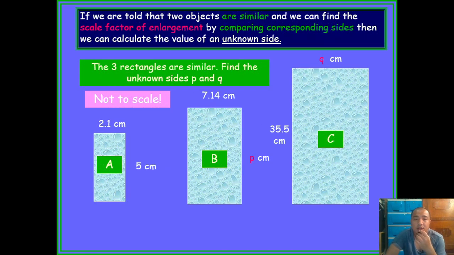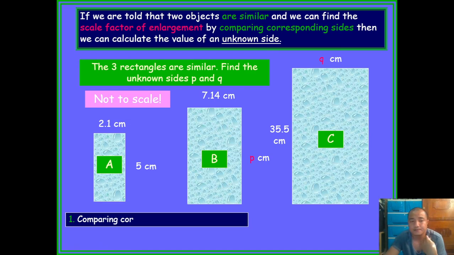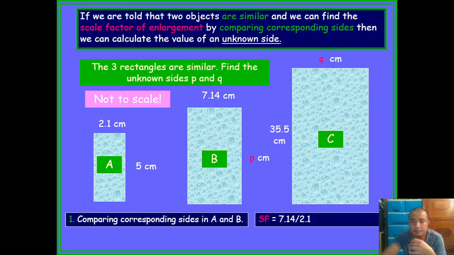We're told the two objects are similar, and we can find the scale factor of enlargement by comparing corresponding sides. Then we can calculate the value of the unknown side. The three rectangles here are similar, find the unknown sides P and Q. Same idea: find the scale factor to solve for P and Q. To solve for P, what is the scale factor? 7.14 divided by 2.1 is 3.4.